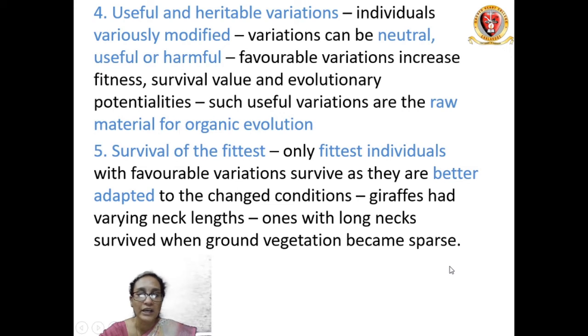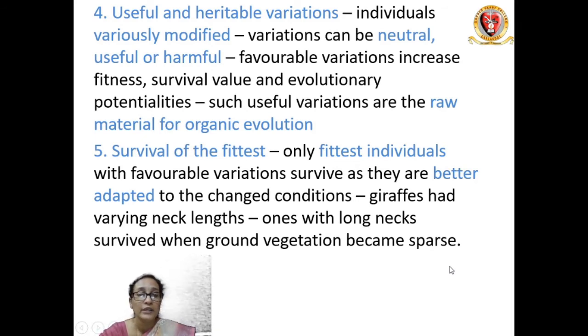When there are any unfavourable variations, when the environmental conditions change, if any animal is not able to survive in such a condition, such an animal is eliminated. This is how he explained the longer neck length of giraffes.